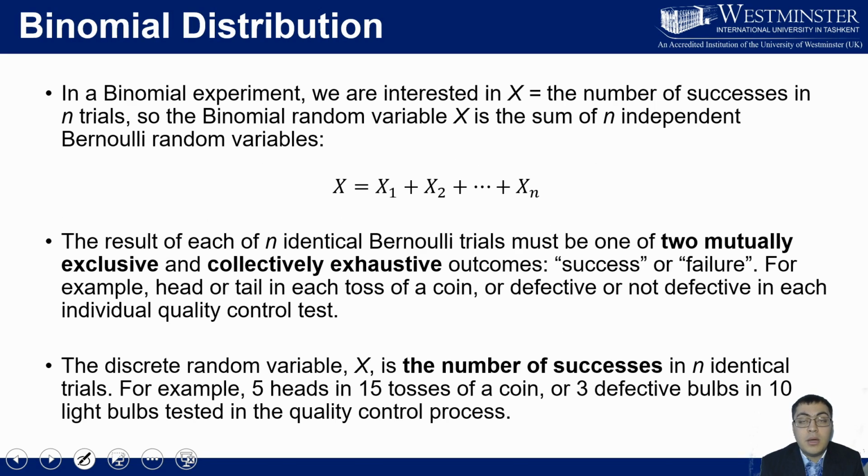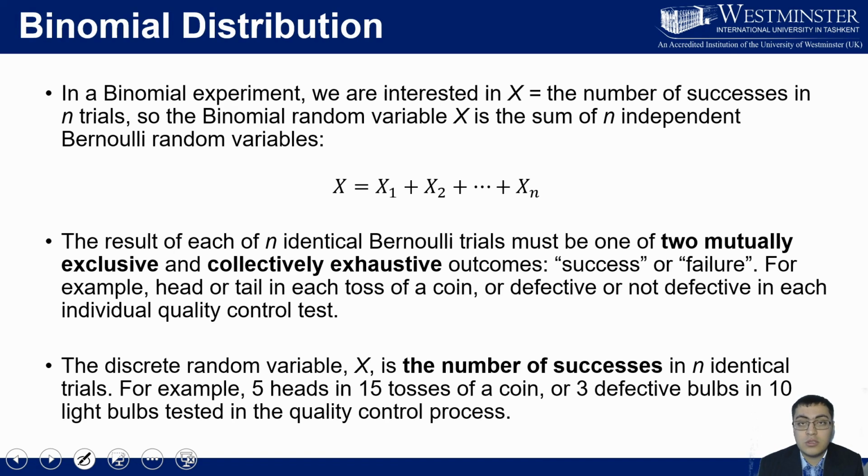So in a binomial experiment, we are interested in the total number of successes in these n trials, that is, x successes in n trials. So in that case, the binomial random variable x is just going to be the sum of these independent Bernoulli experiments. The result of each of these n identical trials must be one of two mutually exclusive and collectively exhaustive outcomes.